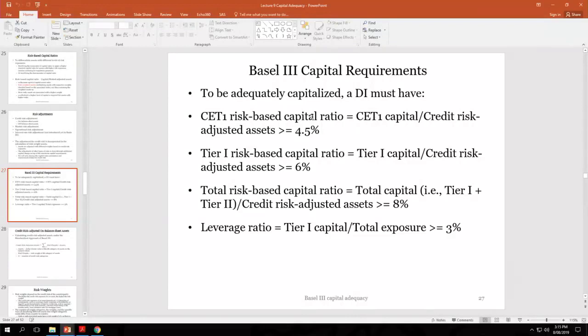In that case, to comply with the same minimum requirement, that bank needs to keep more capital. So essentially, it's a very smart design because we are able to set one set of rules, but for different banks to comply with the rules, risky bank requires more capital in absolute value. Less risky banks keep less capital, right?